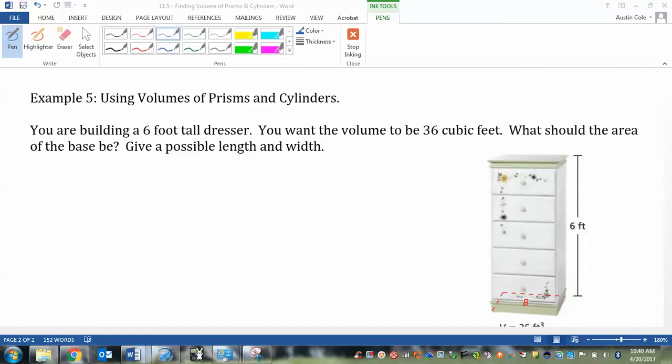36. And then you just use your package. 1.5 times 4. Put it in the bottom right.